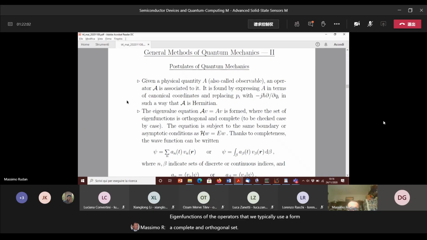When we solve the eigenvalue equation, we must impose boundary conditions because this is a typical equation in the space coordinates. Okay. So the boundary conditions are the same as those that we apply to the Hamiltonian case. That is, the eigenfunctions must vanish at infinity.